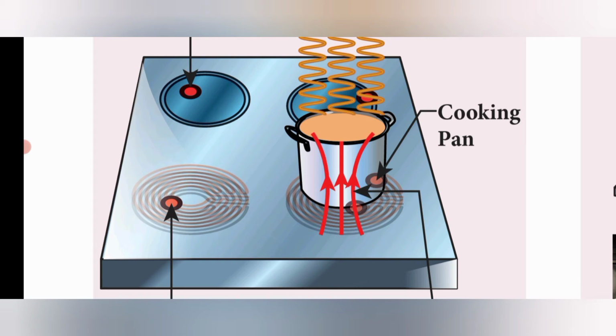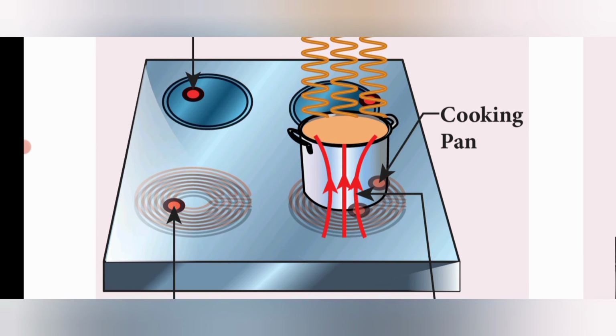They give the instruction not to put the cooking zone on when the stove is switched on. What really happens is that when the stove is switched on, the coil is present inside that zone.